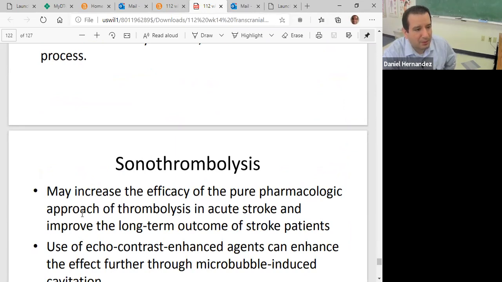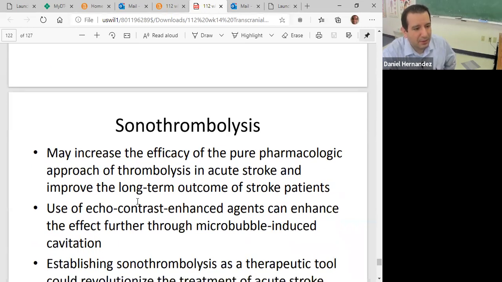So sonothrombolysis may increase the effectiveness of the pure pharmacologic approach of thrombolysis in acute stroke and improve long-term outcome of stroke patients.